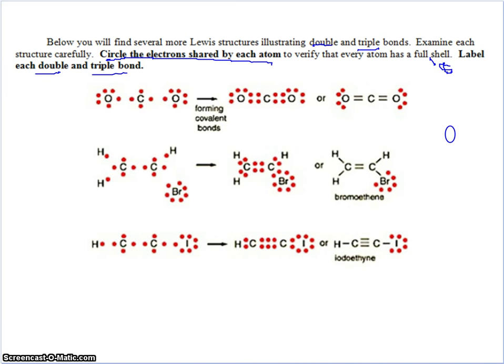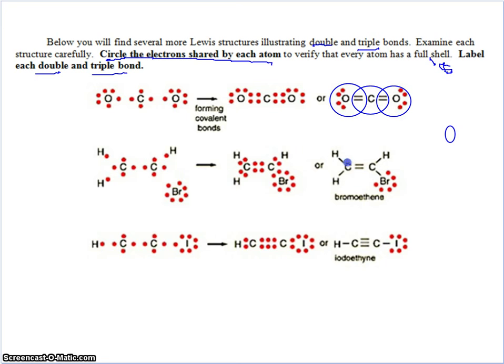Alright, so we circle that. Circle here. Circle here. And if we look inside, we got 2, 4, 6, 8 of the carbon, 2, 4, 6, 8 of the oxygen.